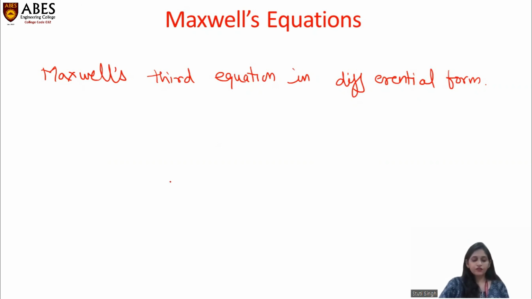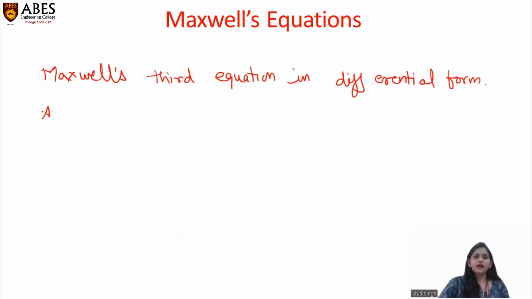What does Faraday's law of electromagnetic induction say? According to the law, when magnetic flux linked with the circuit changes, an EMF is induced in the circuit, whose direction is always opposite to the change responsible for its production. So suppose an EMF small e is induced in a closed circuit enclosing a surface S. Due to change in magnetic flux phi B, this induced EMF will be directly proportional to the rate of change of magnetic flux linked with the circuit.